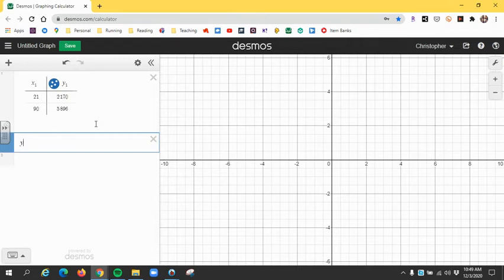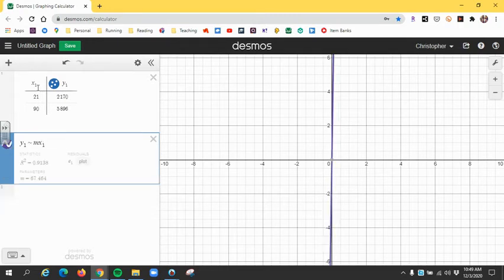When you type in y, hit a 1 after it. Instead of hitting equals, hit the tilde sign, which is right next to the number 1, right below the escape button. And do mx. Again, you want to show that you want to do this x value, so x1, and then plus b. Your answer is down here, 54 and 1036.